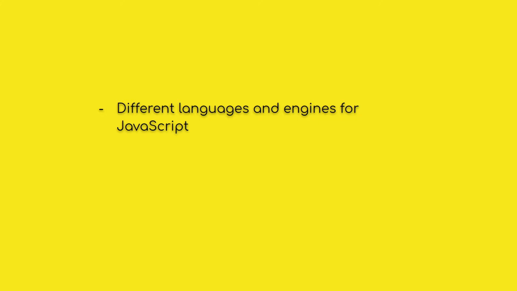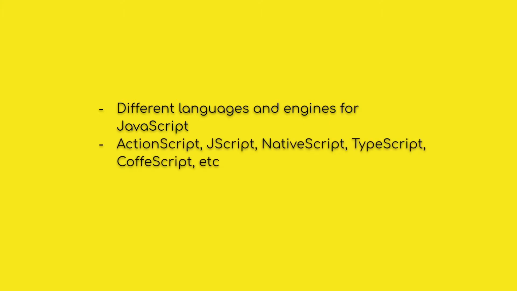That was the purpose of JavaScript earlier. But later, when development started in the JavaScript world, many languages were introduced similar to JavaScript, or designed to add extra features to it, like TypeScript, NativeScript, CoffeeScript.